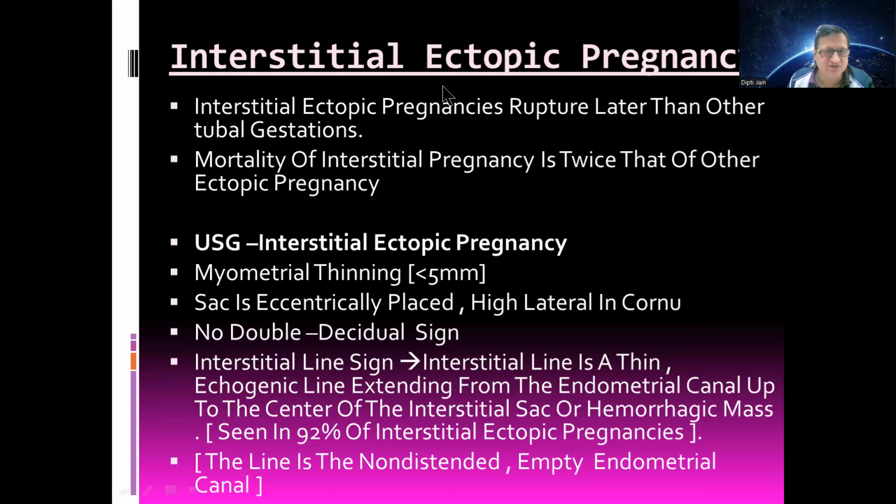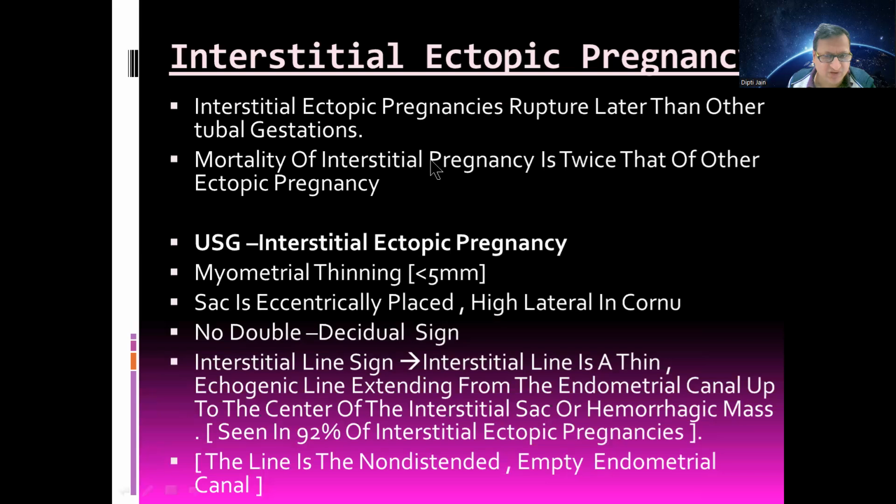Now, next is interstitial ectopic pregnancy. What we have discussed till now is about tubal pregnancy. There is another entity, interstitial ectopic pregnancy, which ruptures later than other tubal gestations because it is surrounded by the muscle of the uterus.